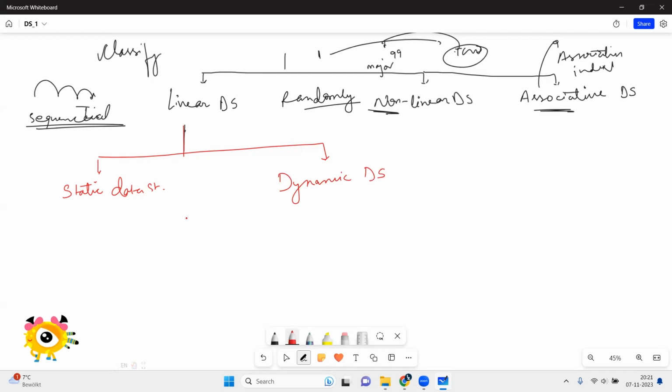Now you will be having a question like, what does that mean? Static means that the access of the data you are storing inside, or the updating of the data you want to do in this kind of data structure, has to be fixed. Once you create it, you cannot undo it. In simple terms, once you create it, you cannot undo it.